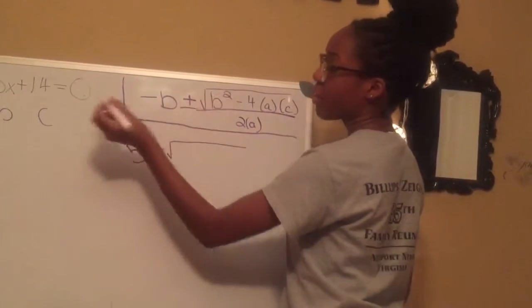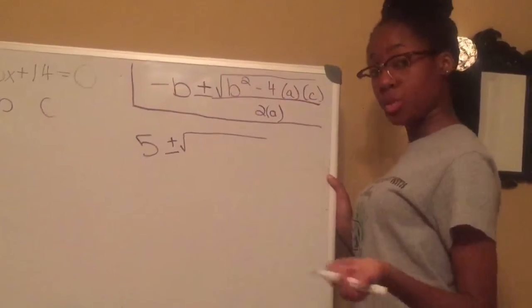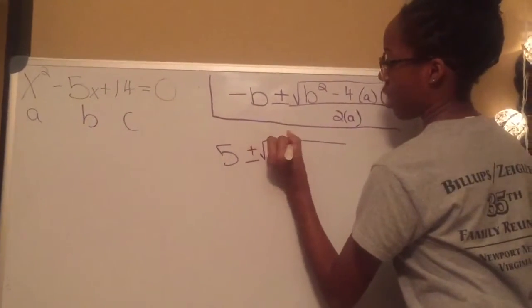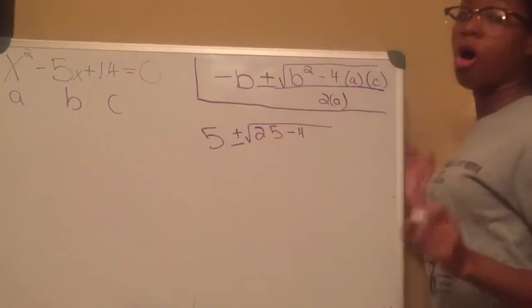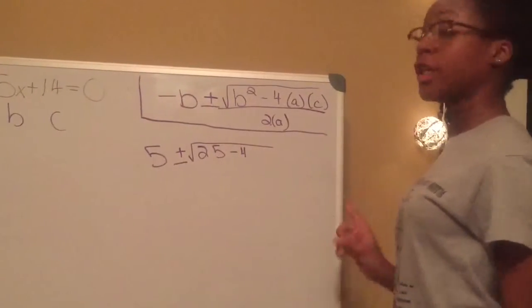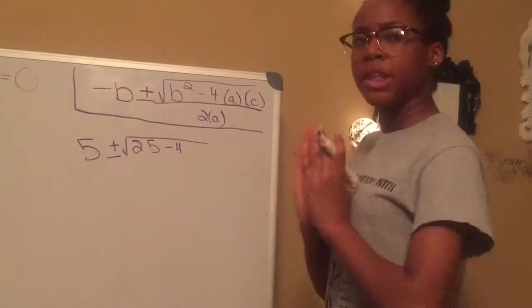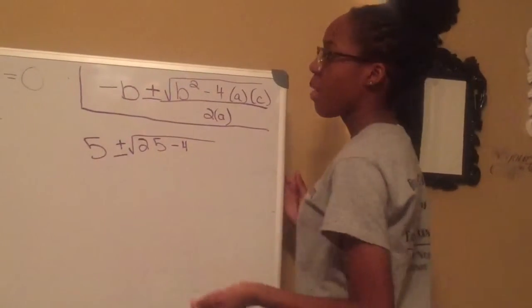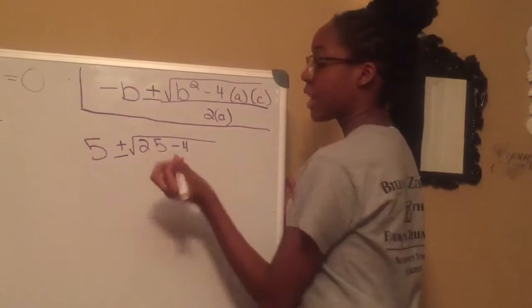So you have negative 5 squared, which gives you 25, minus 4, which will always be there no matter what. Then we're going to use our A in back because we're sandwiching the A in the middle, which is a 1 because we have no number in front of the x squared.